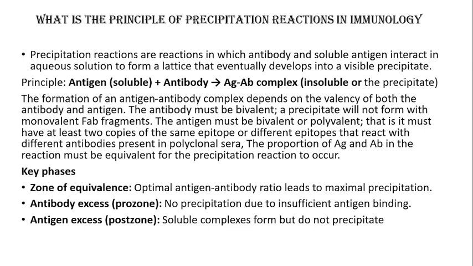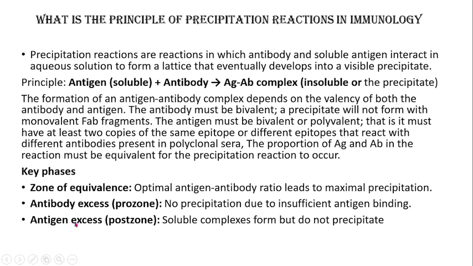Once the cross link is not formed, there will be no precipitation, because precipitation forms when there is a cross link, in other words, when the antigen binds in multiple ways to the antibodies. With a higher concentration of antibodies, the antigen is unable to bind twice or even more than two antibodies.